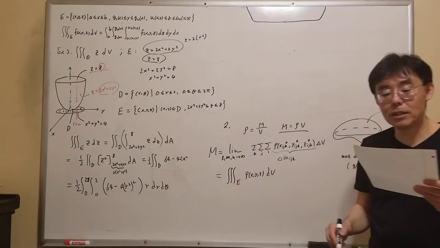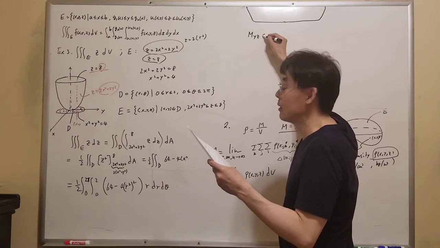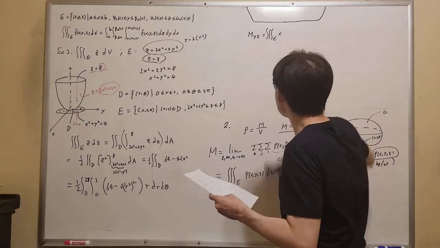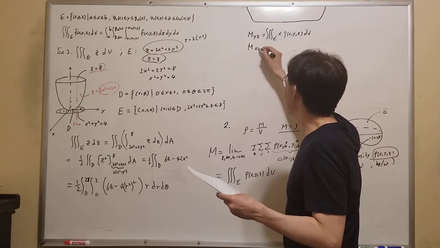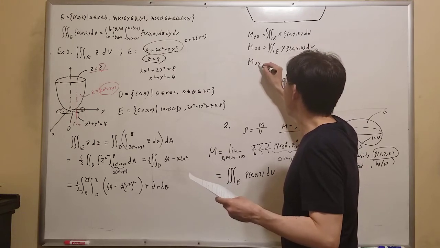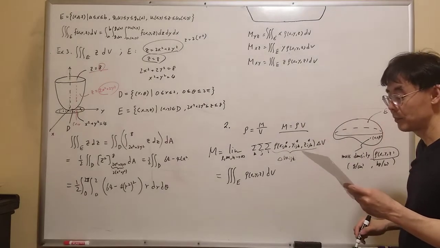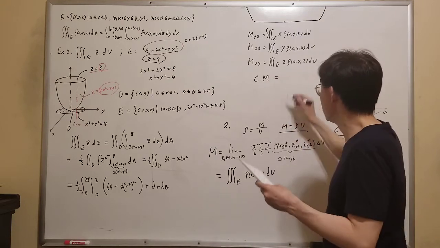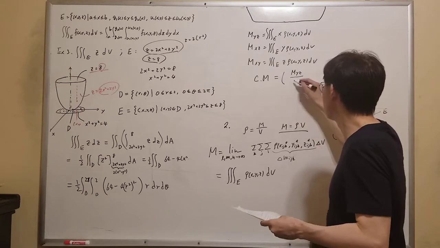The moments about the three coordinate planes, in this textbook they call it m sub yz, is just x times rho of x, y, z dV. M sub xz is the y times rho of x, y, z dV, and m sub xy is the z times rho of x, y, z dV, and then the center of mass will be this value over the total mass M.